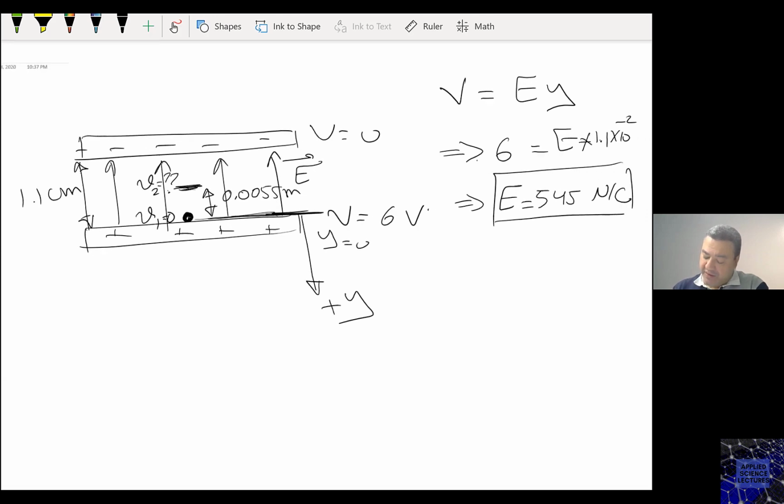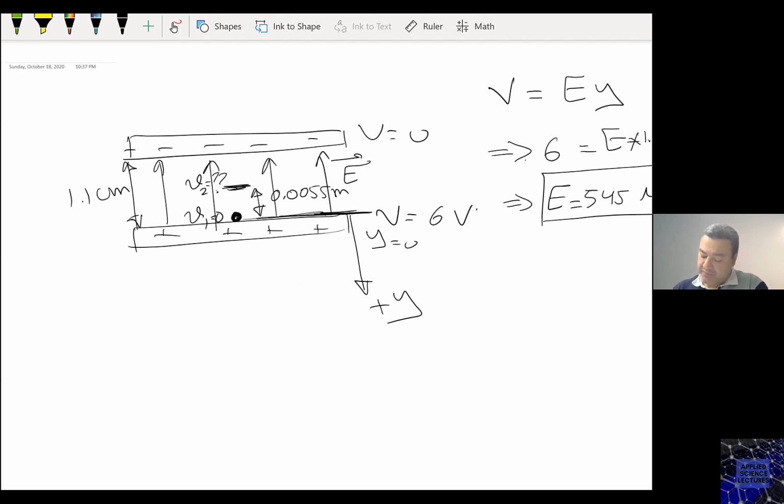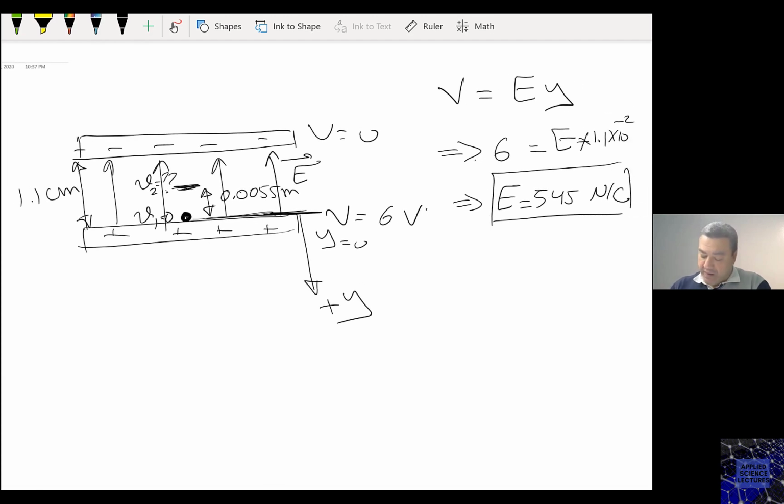Then in this case, applying the conservation of energy, I have U2 minus U1 equals minus EK2 minus EK1.